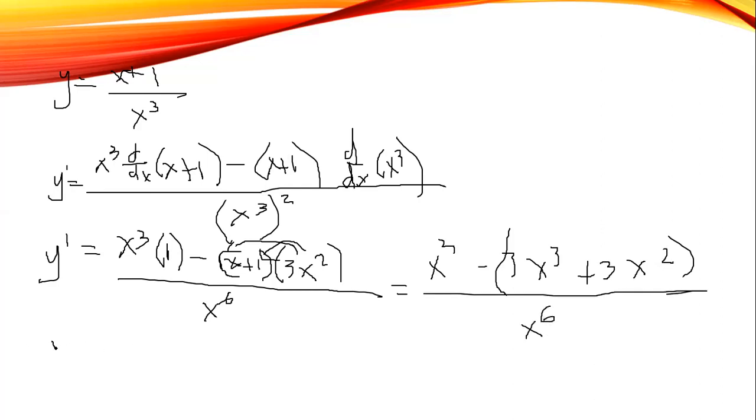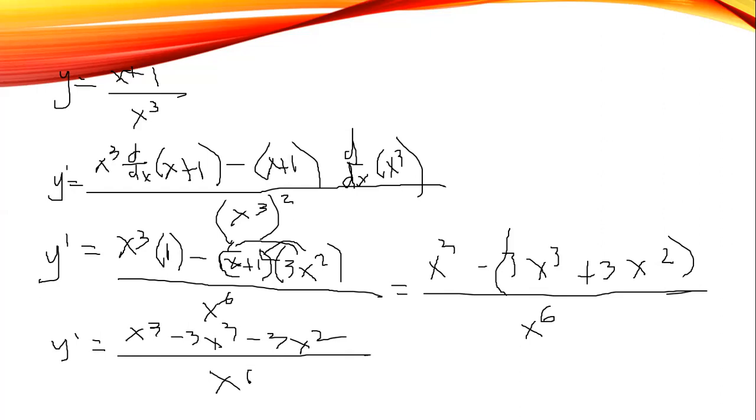So, now, y prime equals x cube minus 3x cube minus 3x squared. Again, since we are subtracting the whole function 3x cube plus 3x squared, its signs will also change. All over x raised to the 6th power.